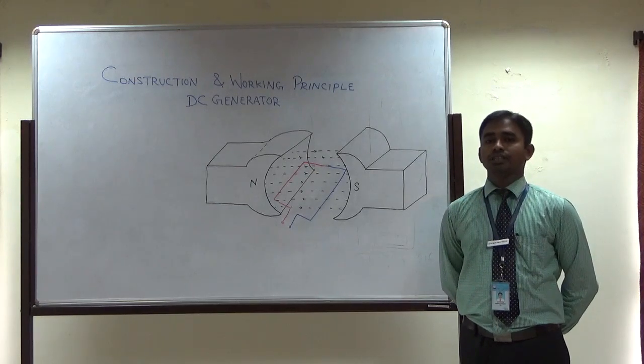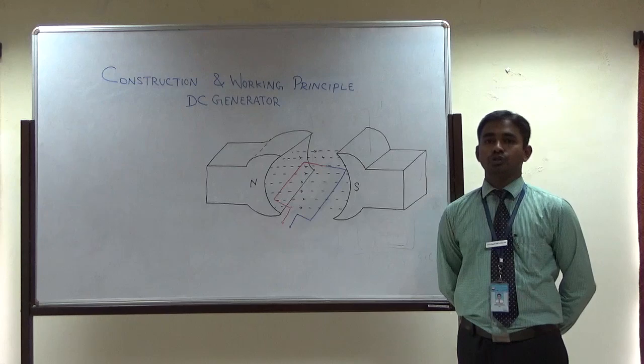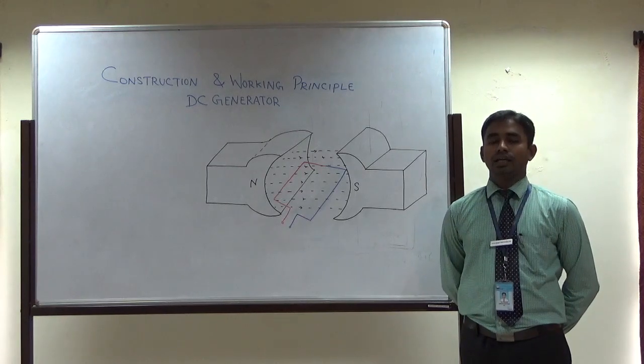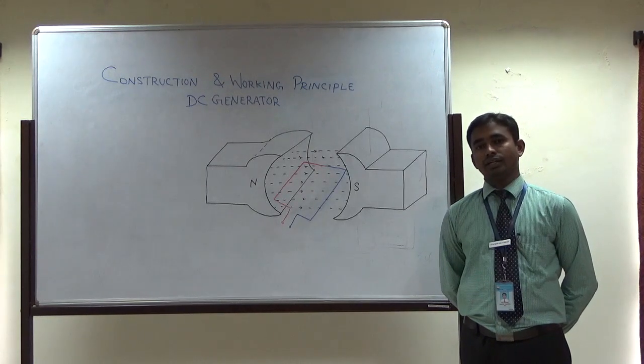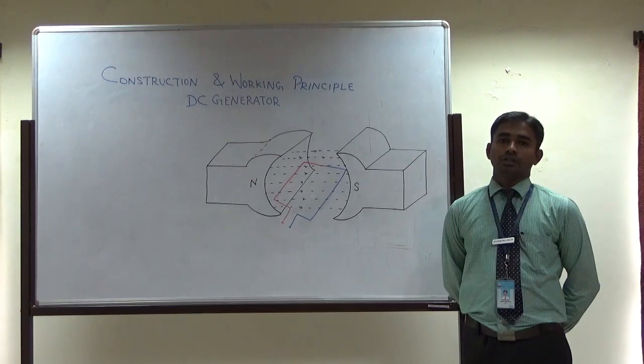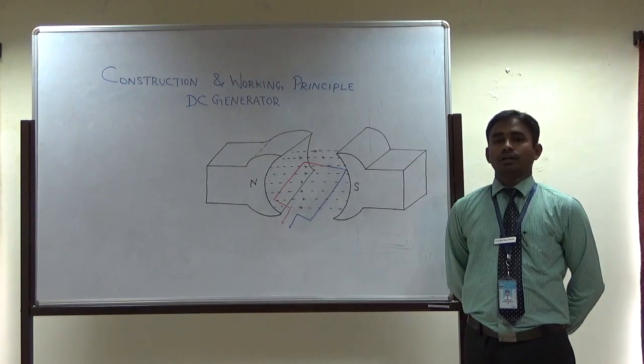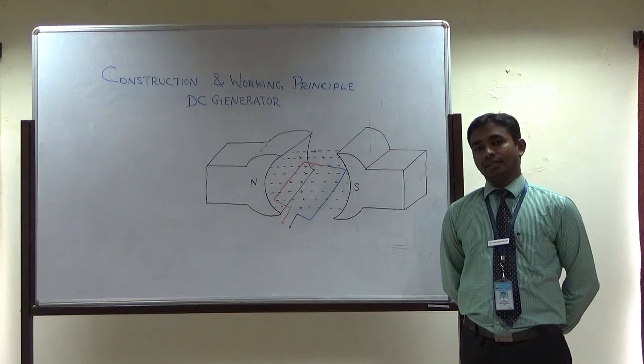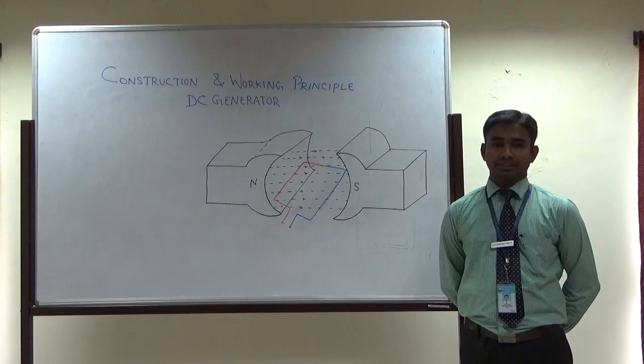Because before explaining the constructional parts, we must know what are all the essential parts required in a machine to generate electricity. If you want to generate electricity, we must have some essential parts.